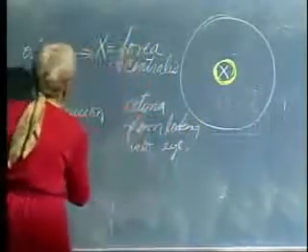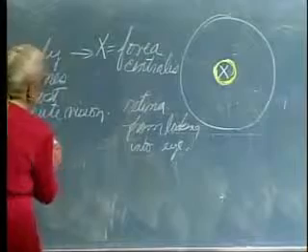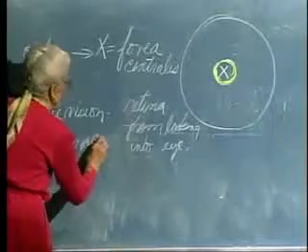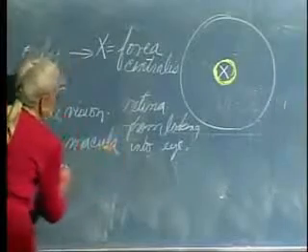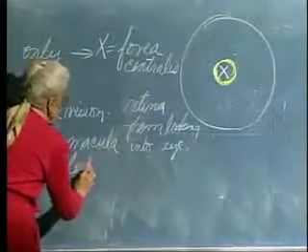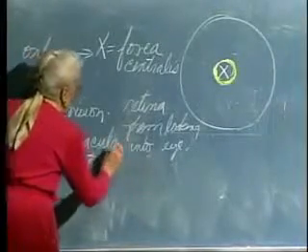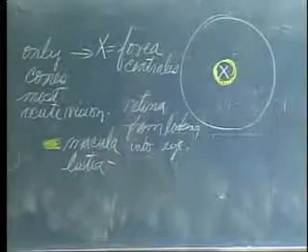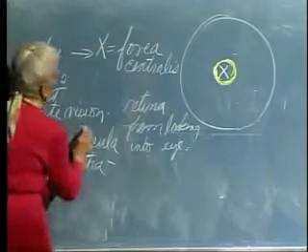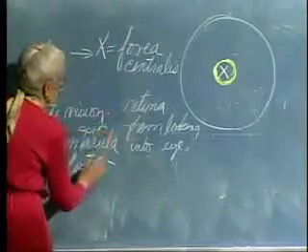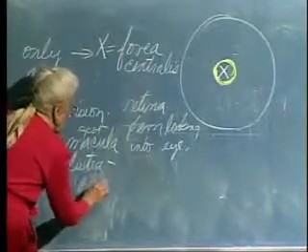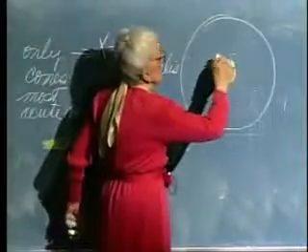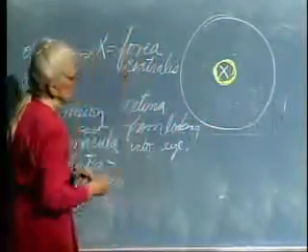In yellow, then, we've put in the macula lutea. Macula lutea means yellow spot. Macula is spot, lutea is yellow. So you know where your fovea centralis is because of the presence of the macula lutea.